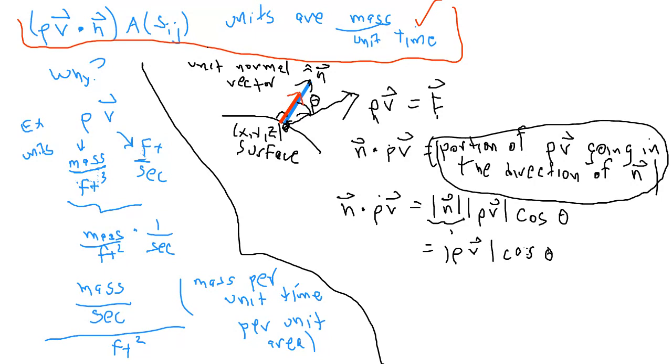Maybe that is the dot product. So, okay. Well, we know the units here. We know the units. I want to work with this. The units are, as you know, mass per second per feet squared.